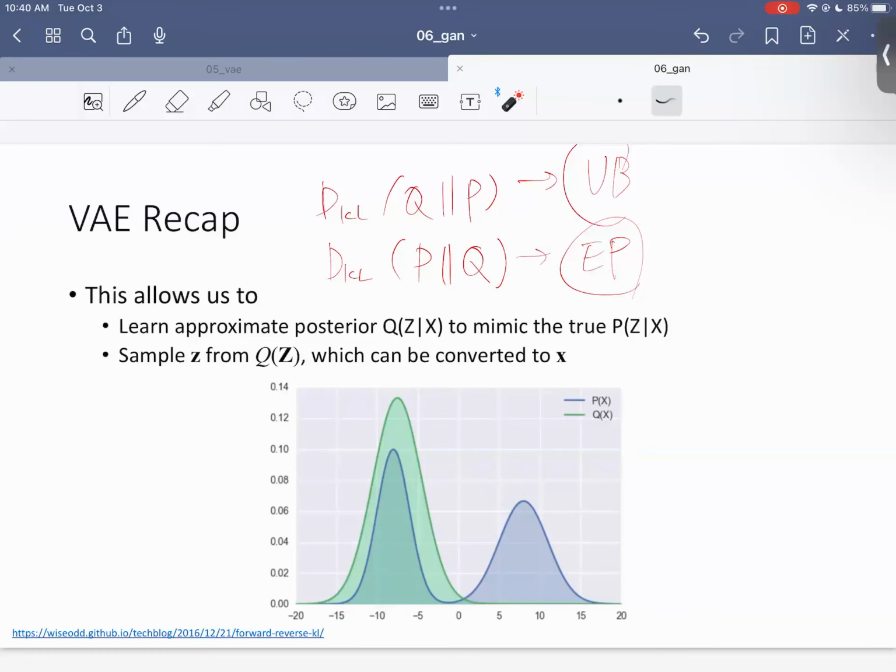And Q is the one with a parameter. So we are trying to tune the parameter so that Q and P become as similar as possible. But there are two ways to do it: QP and PQ, right? So this is QP and this is PQ.